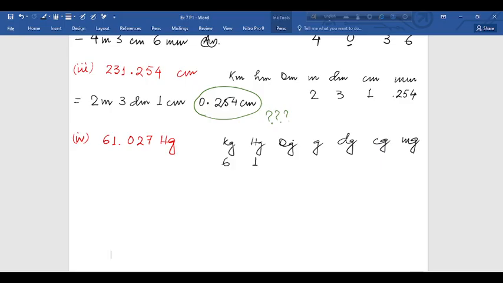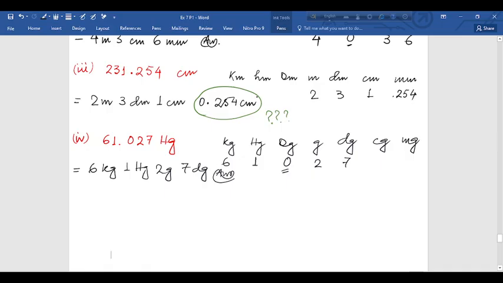Whatever it is, you just write in this manner and you will get your answer. 6 1, that is 6 kg, 1 hg, 0 omit this, 2 g and 7 dg. That is 6 kilogram, 1 hectogram, 2 gram and 6 decigram. This is the answer.